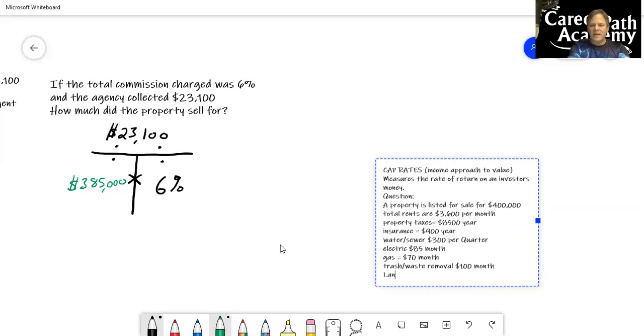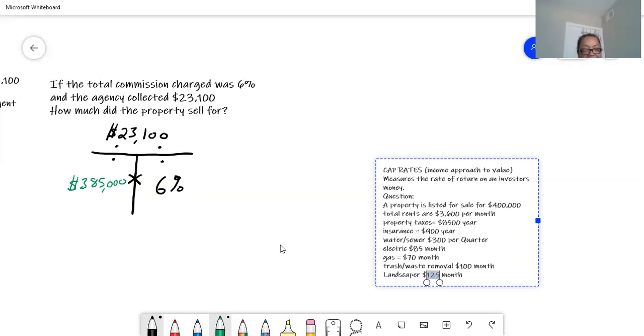And we got a landscaper. What's he charging us? So he's charging us $125 a month. Is that too much? Yeah, that may be a little bit too much for this house. Let's say the landscaper's charging us $100 a month. We'll leave it at that.